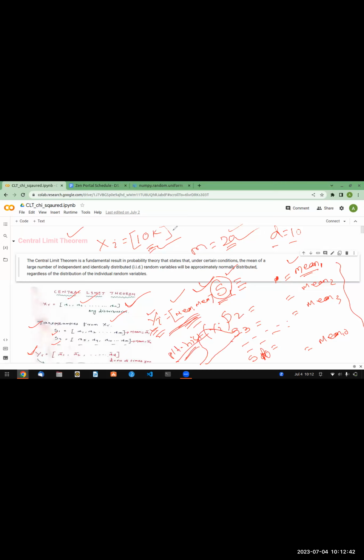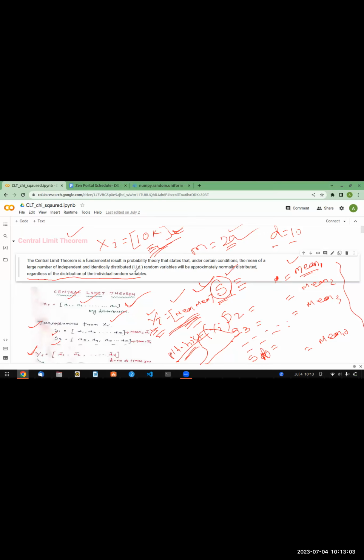See guys, we started from this 10K data points, whose distribution is unknown. Unknown means maybe it's a normal distribution, maybe it's not. That doesn't matter according to the central limit theorem. So first of all, let's not consider a normal distribution.